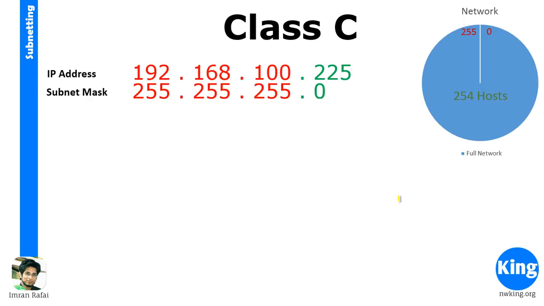Okay, let's get into subnetting. Now is when we get into really interesting things. Let's take the same IP address 192.168.100.225. Subnet mask is 255.255.255.0. That is your Class C IP address. First thing we need to know: the minute you say subnetting, we go into something called classless.